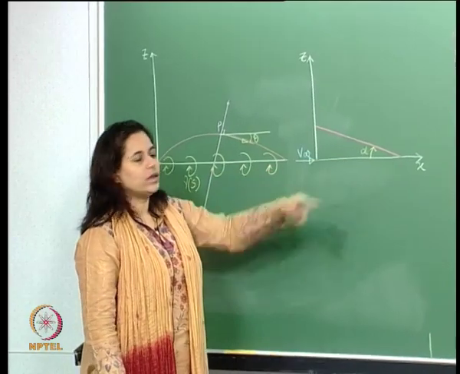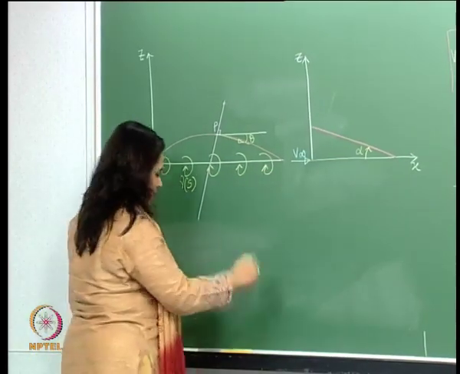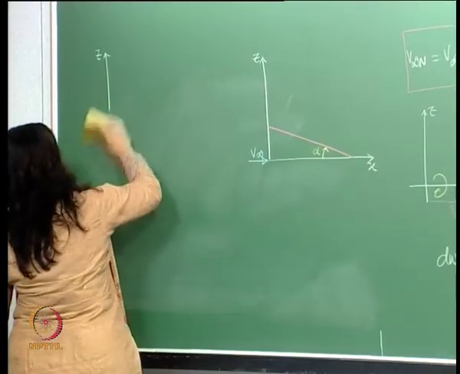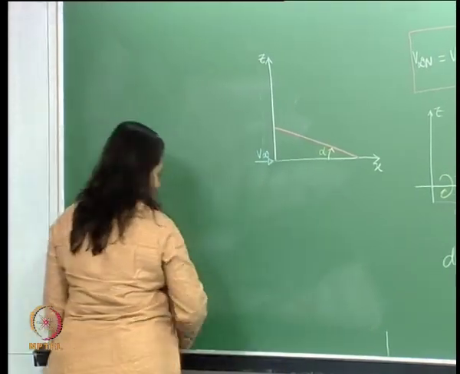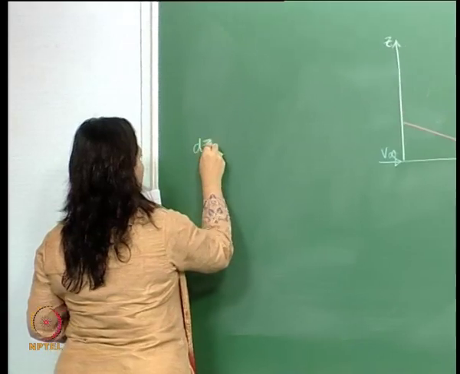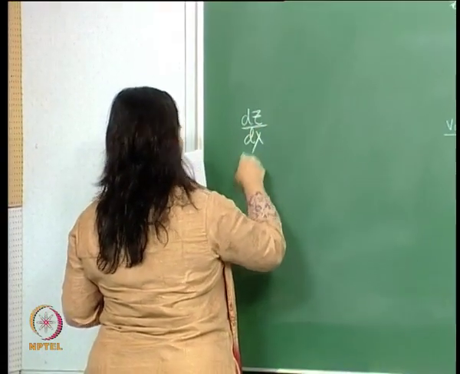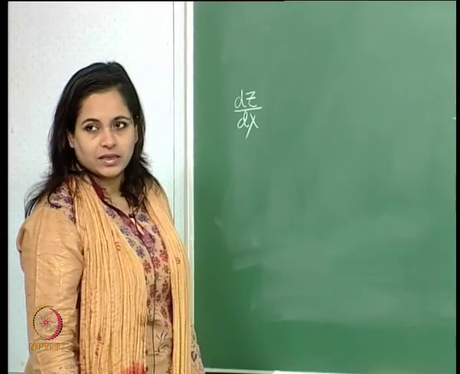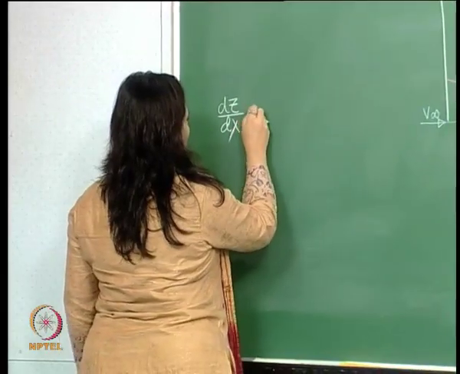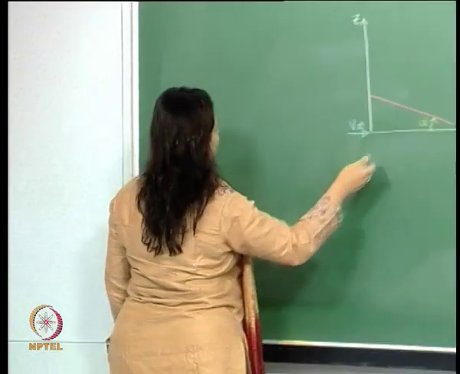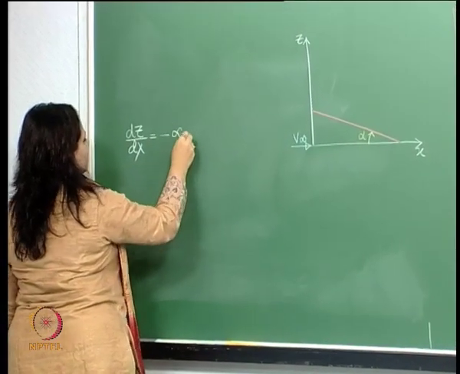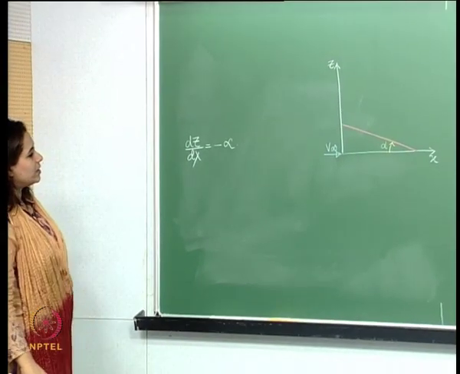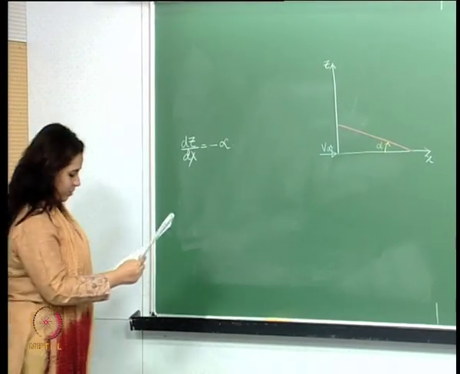This is my streamline, and again the chord length is 0 to C. Therefore, if you look at this over here, dz dx is equal to what? This is the slope, which is minus alpha, isn't it? So, this is dz dx over here.